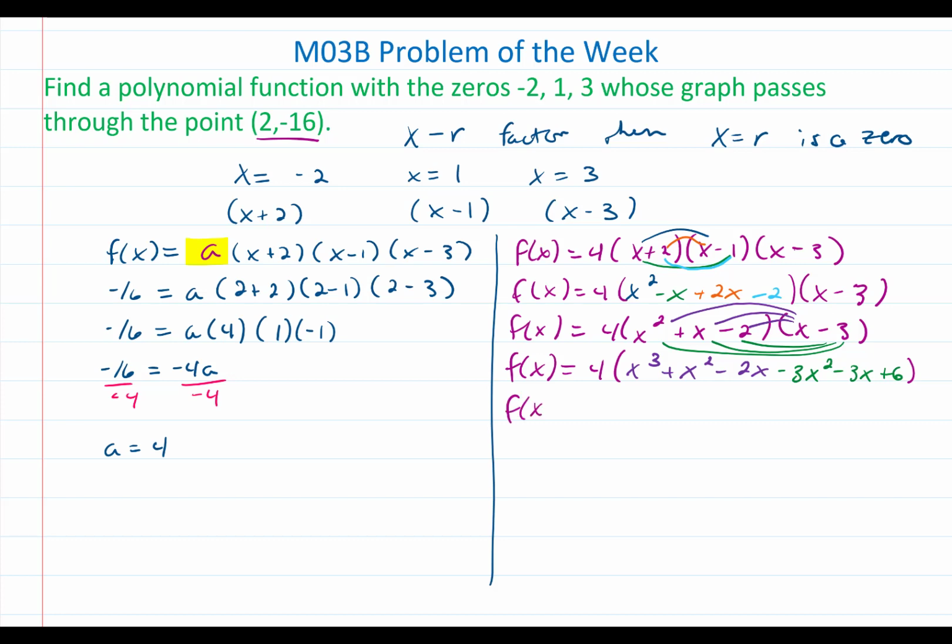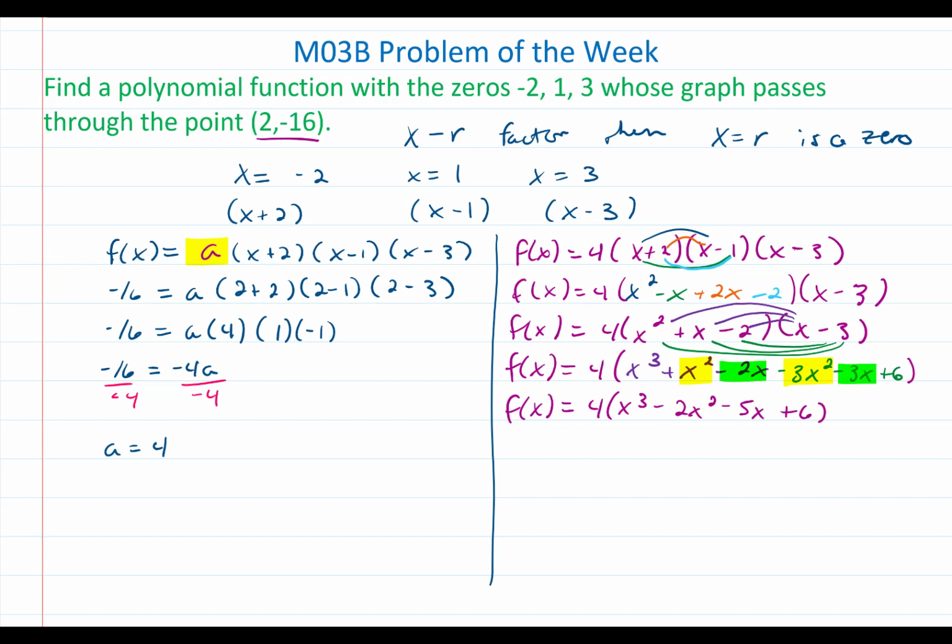So I have f of x is equal to 4 times x cubed, and then we have an x squared and an x squared term, which combines to be -2x squared. We have a linear term of -2x and negative 3x, which combines to be negative 5x, and then we have plus 6.